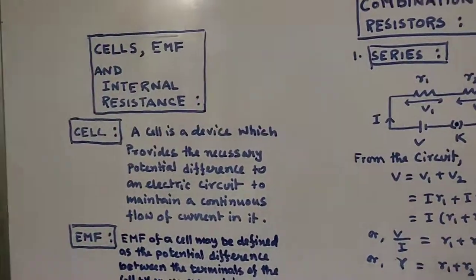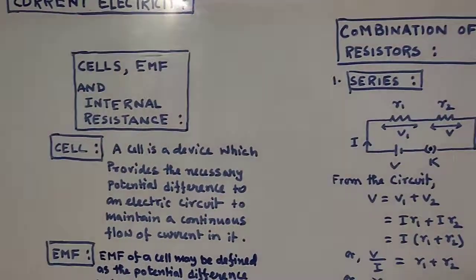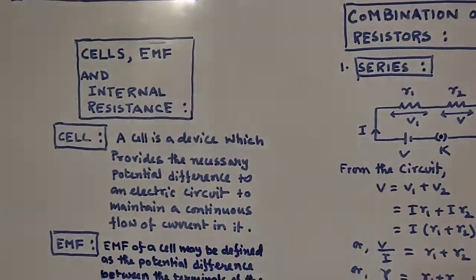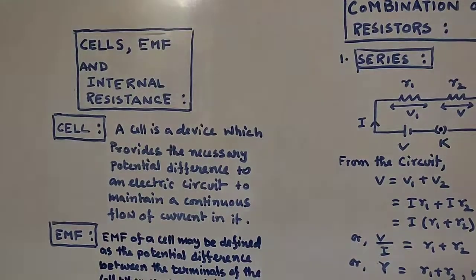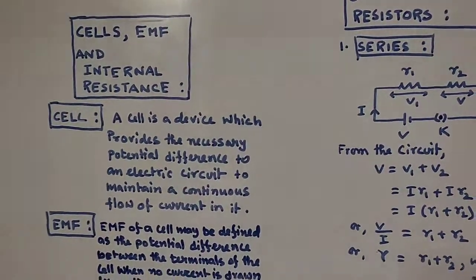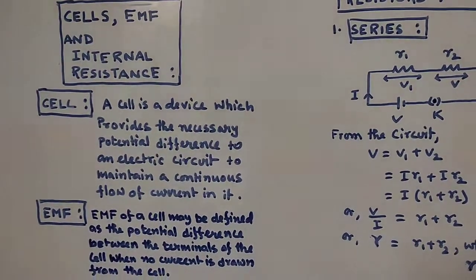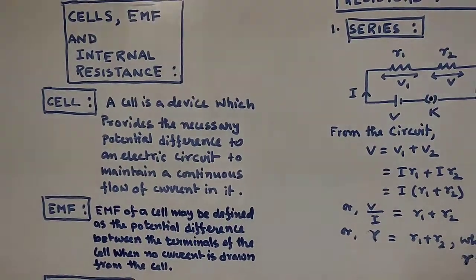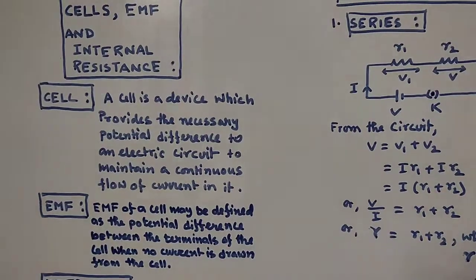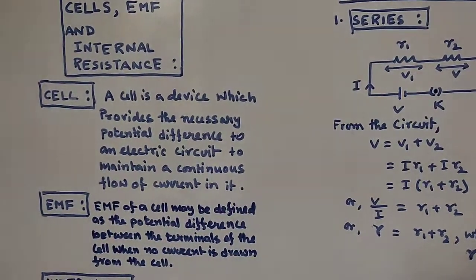Now the next topic which we are going to define: cells, EMF and internal resistance. So most of you I think have heard the word cell. So what is a cell? Let me try to define. A cell is a device which provides the necessary potential difference to an electric circuit to maintain a continuous flow of current in it.